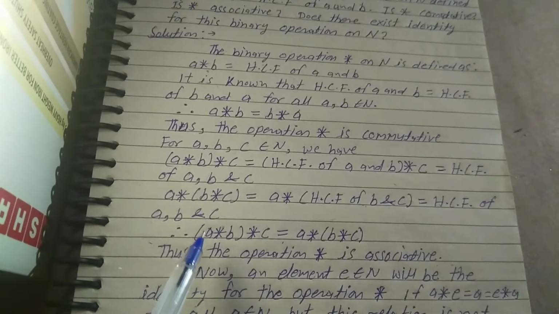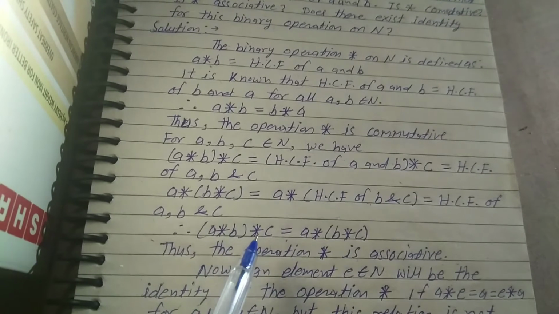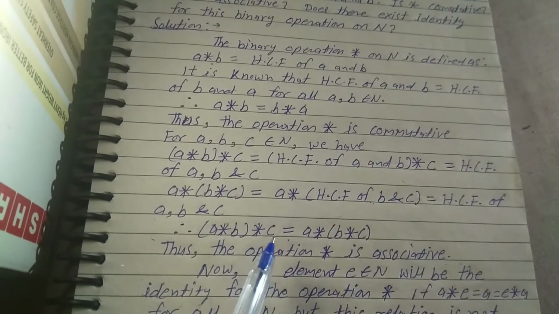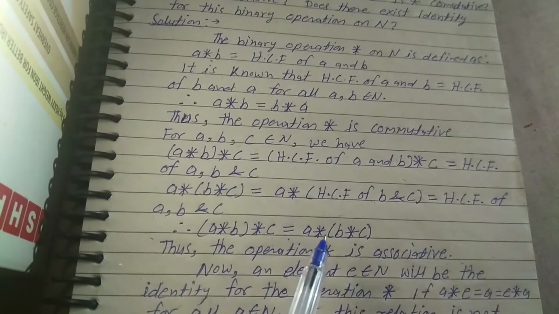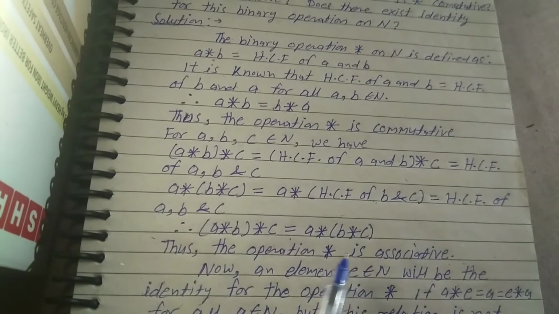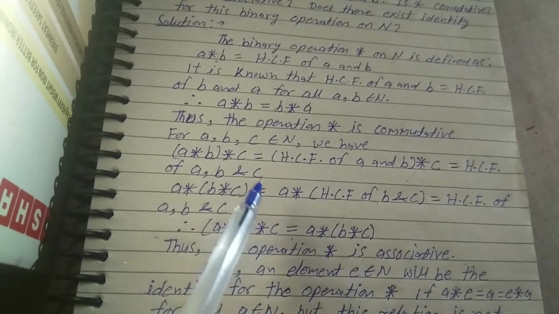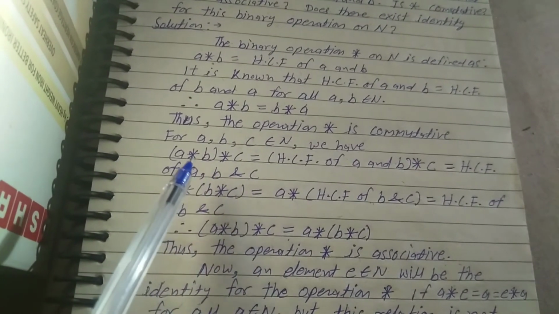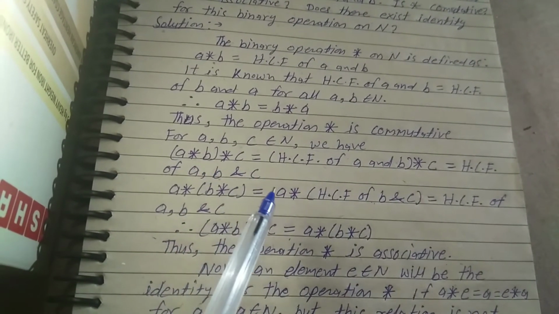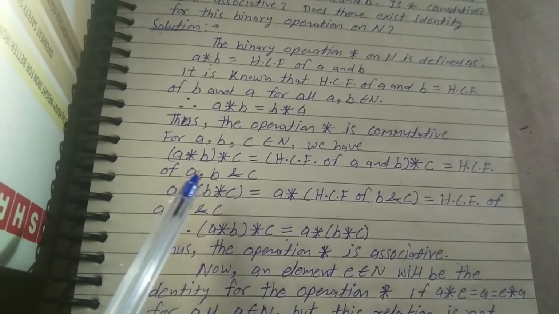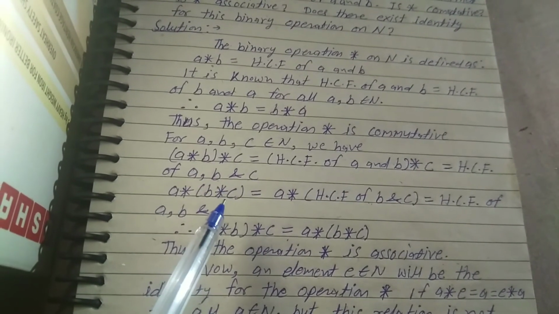Therefore (a * b) * c = a * (b * c). Thus the operation * is associative, means the highest common factor for three values is the same whichever way we find it.